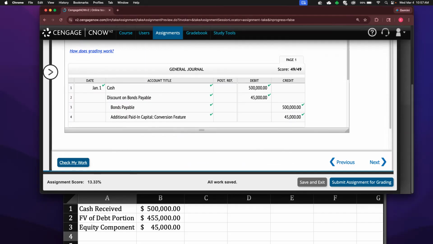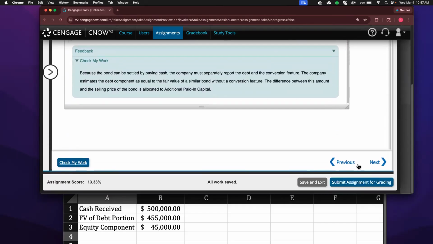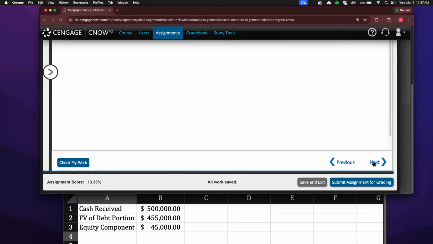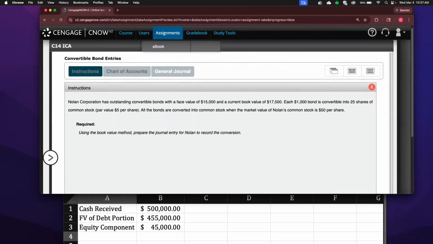So let's go on to number 10. Number 10, we have Nolan Company.